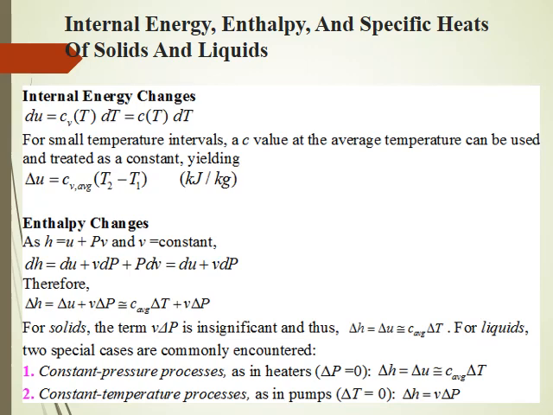Now for solids, the term v delta P is insignificant, and therefore you can write delta H, which is also equal to delta U, that is equal to Cv average into delta T. Now for liquids, normally we encounter two special cases: the constant pressure process, as we see in the case of heaters, where delta P is 0, means there is no pressure change, or you can say heating takes place at constant pressure.